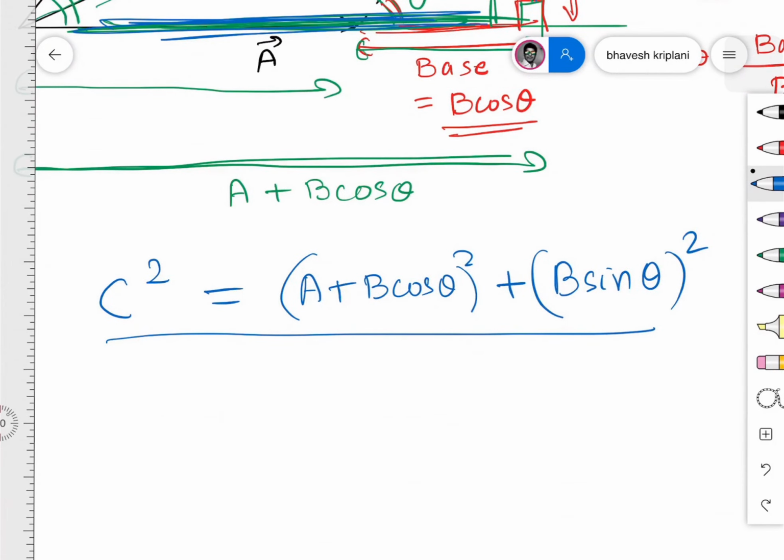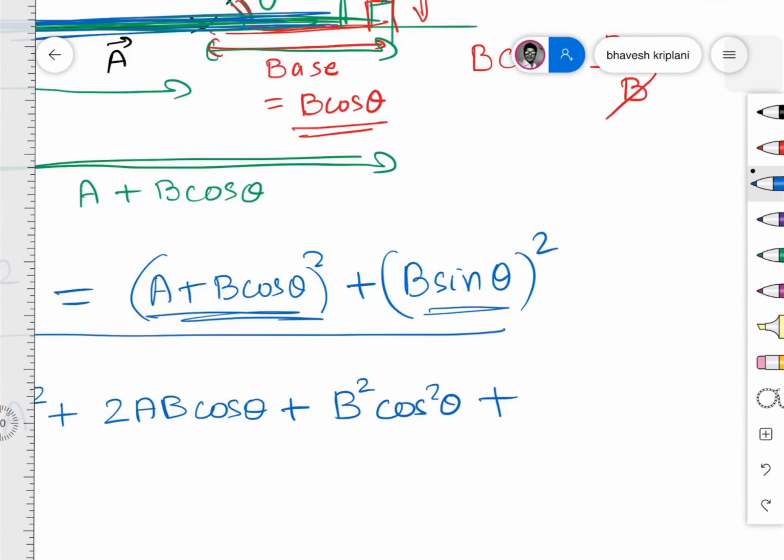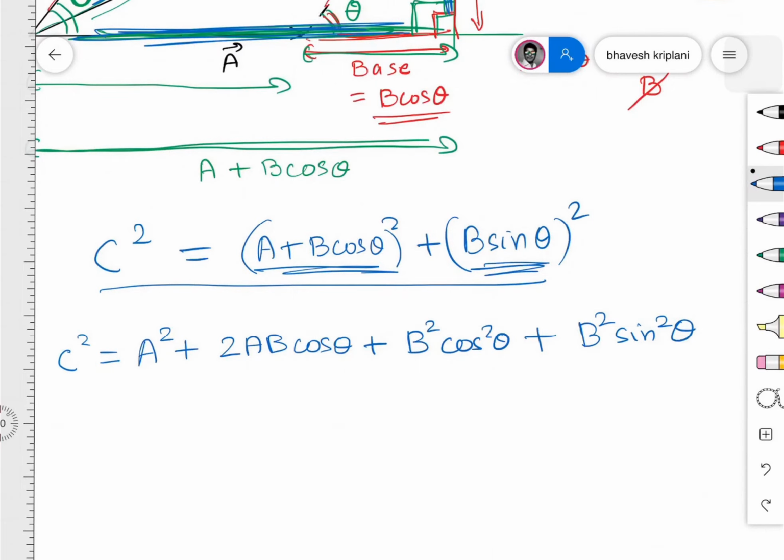So when we expand this equation, C square will be equal to, we expand this square first, A square plus 2AB cos theta plus B square cos square theta plus, now we square this term, so we get B square sin square theta. So this is our equation.